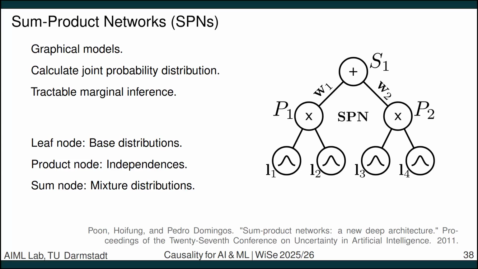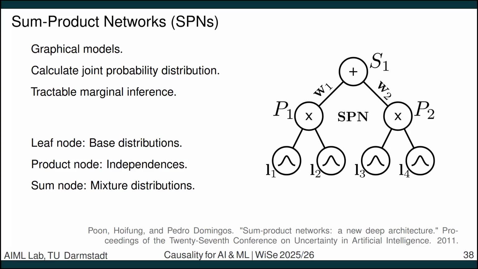And here the constraint for those sum nodes is that they now need to cover the same set of variables. So if I have on the left branch L1 and L2 representing probabilities over variables A and B, then L3 and L4 also need to be distributions over A and B. So L3 and L4 can both have A in it or B in it at the same time.